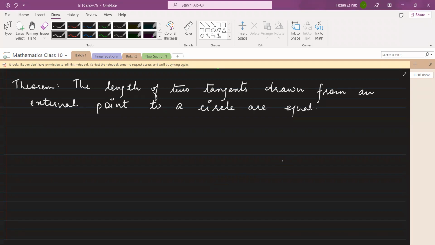So its proof can also come in the exam, and earlier also it came many times in CBSE exam.